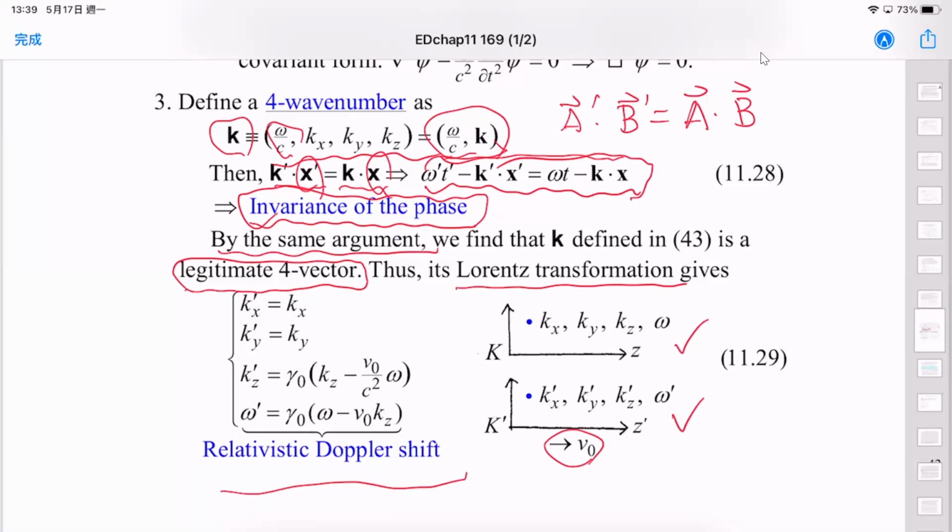So we have four-current, zero J, four-momentum, four-potential, phi A, four-wavenumber, omega over c, K. Okay, that's the fundamental law. So we already have this one.